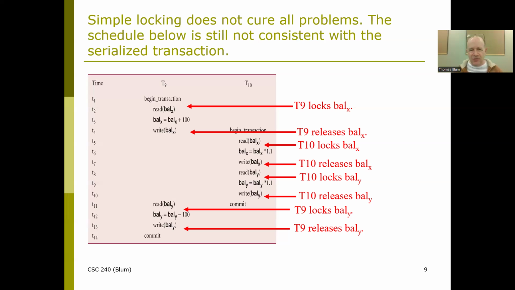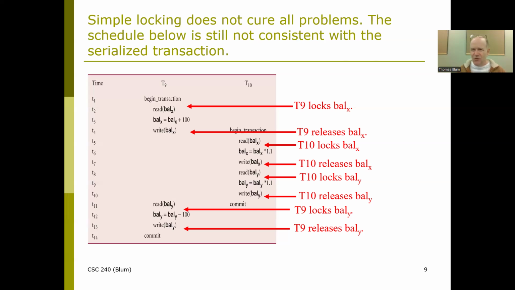And then transaction 9 comes around and is subtracting the $100. But we know that's a problem, that there was an extra $100 in play when the interest was calculated. And so the bank paid out extra interest, which the bank does not want to do.